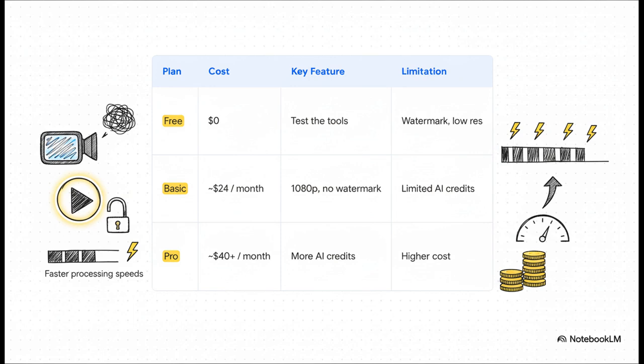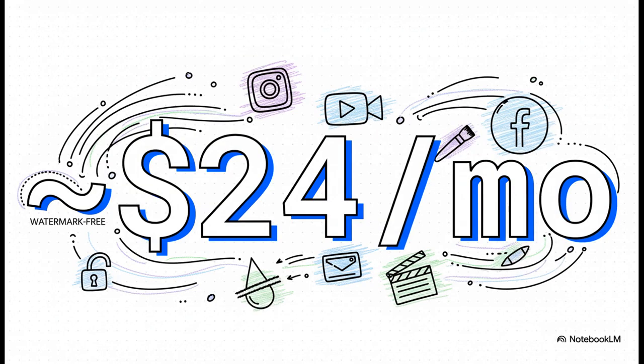That gets rid of the watermark and gives you 1080p exports, but you do have a monthly limit on how much you can use the AI tools. And then the Pro plan, well, it just gives you more of those AI credits and a bit of a boost in processing speed. For most content creators, social media managers, marketers, the basic plan is going to be the sweet spot. You should expect to pay right around $24 a month to create professional-looking, watermark-free content for your projects.